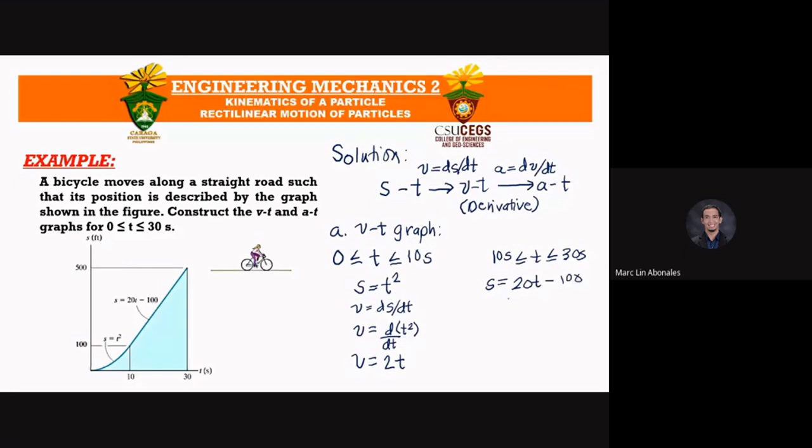We use again the same kinematic equation, then substitute the equivalent of S, that is 20t minus 100. So what is the velocity? What is the velocity there? Once you take the derivative, it is 20.